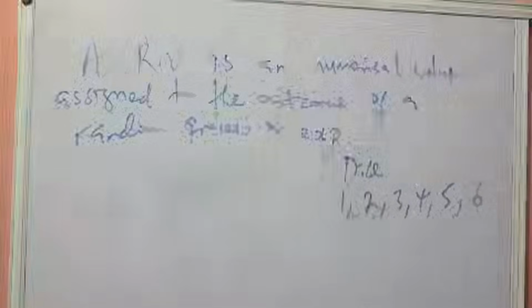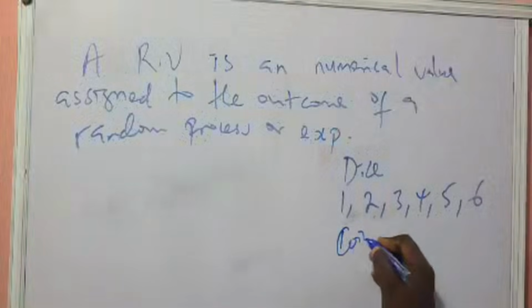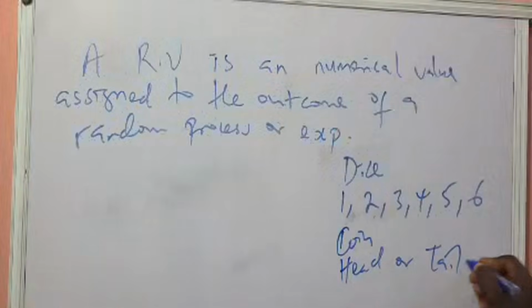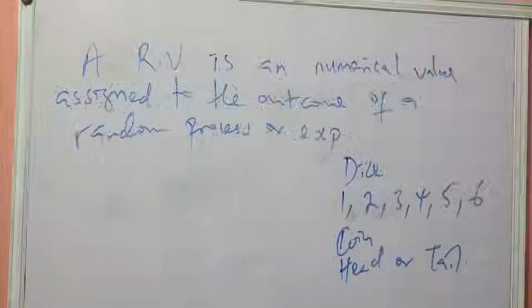And for a coin, we have 2 possible outcomes: head or tail. Now, these are some of the things we did when we're dealing with probability. These are not all the examples of random experiments. We have several random experiments, which we have done so much of when dealing with probability.